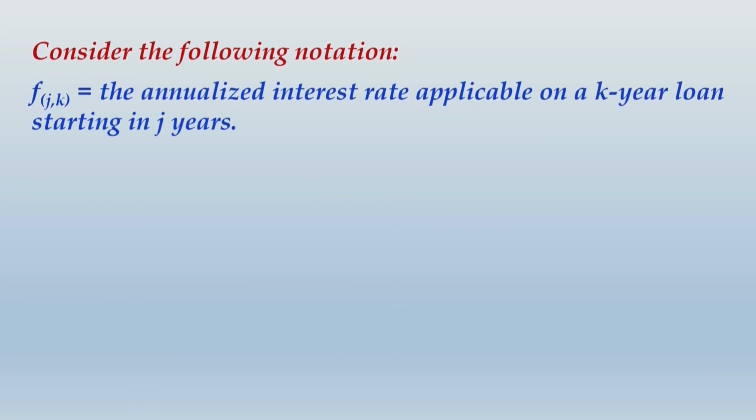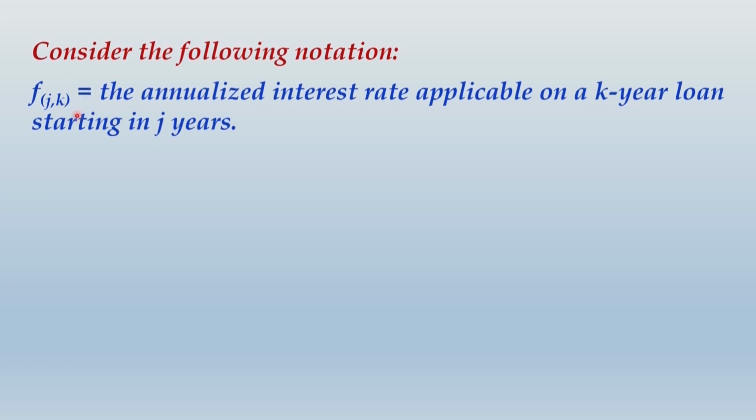Consider the following notation. When I write this term f(j,k), with j comma k within brackets as subscript, how do you interpret this? Please understand one thing. When I write small f, it indicates a forward rate. If I write capital F, it would indicate the forward price.